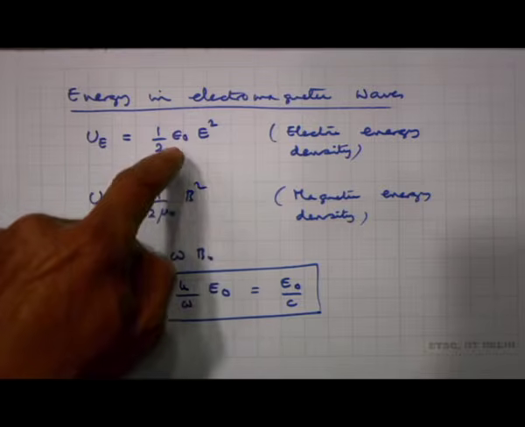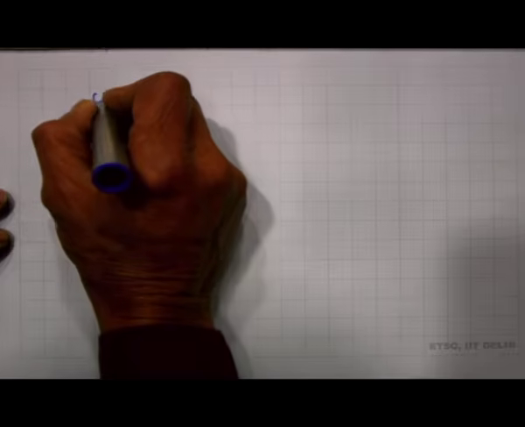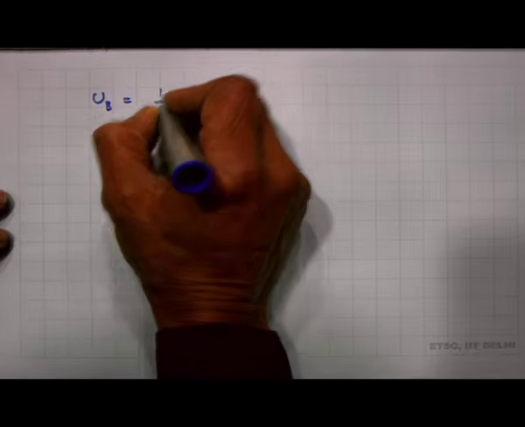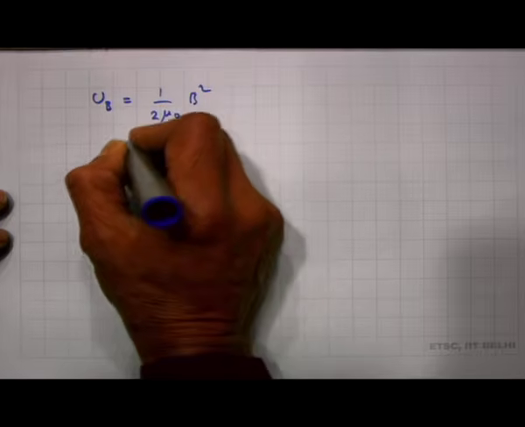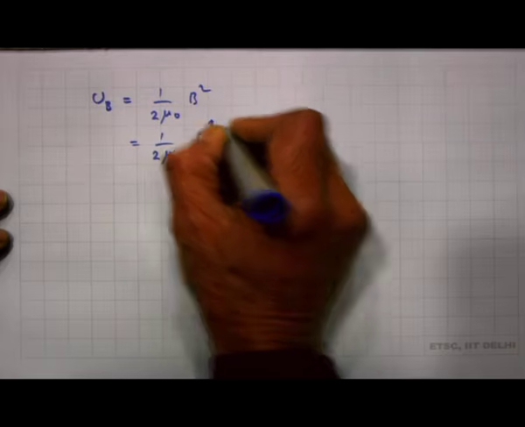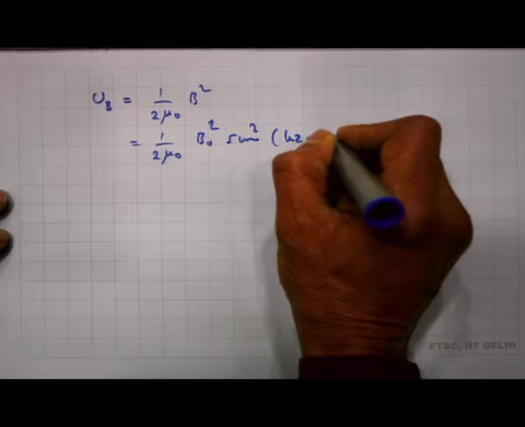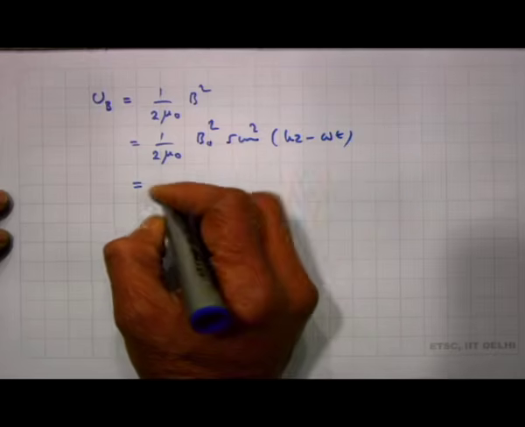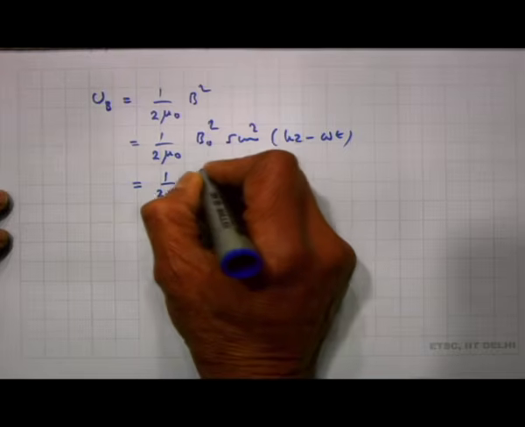So, let me substitute this here for example, and what I get is u b, which was 1 by 2 mu 0 B square, which is equal to 1 by 2 mu 0 B naught square sin square (k z minus omega t), which is equal to 1 by 2 mu 0. Now, B naught was E naught by c.